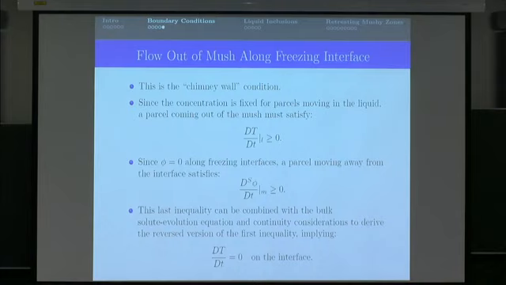If it didn't, it would drop back down below the liquid, and that would contradict your assumption there. Similarly, since phi is 0 along freezing interfaces, if you follow a parcel moving with the solid velocity, moving away from the interface into the mush, the solid fraction has to increase. If it didn't, it would become negative, and that would contradict that assumption.